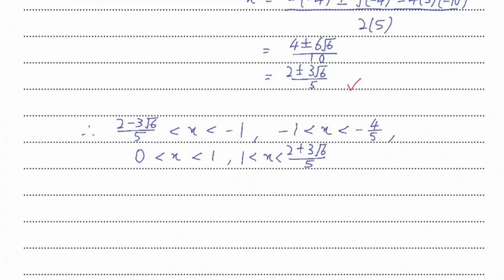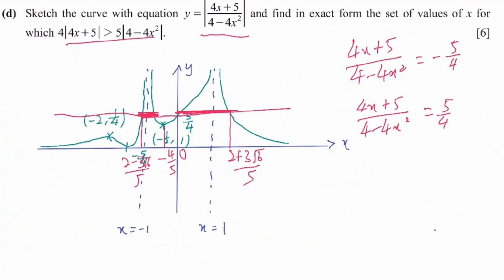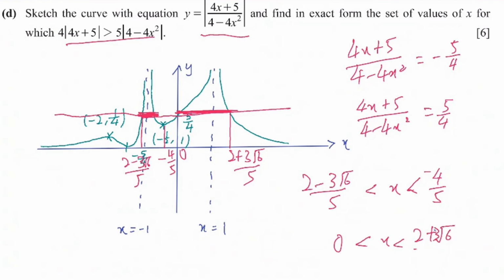But for this one, what we have to be careful about is that even though you can see for here the values, if we didn't look at the asymptote, it is something like this. If you don't consider the asymptotes, and then we have another one from 0 to 2 plus 3 root 5.